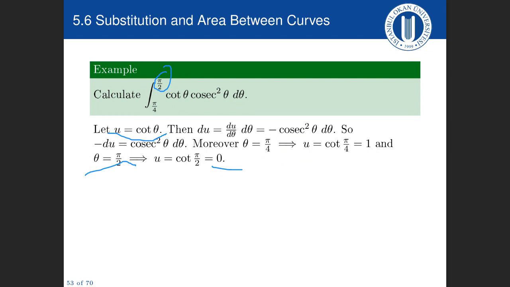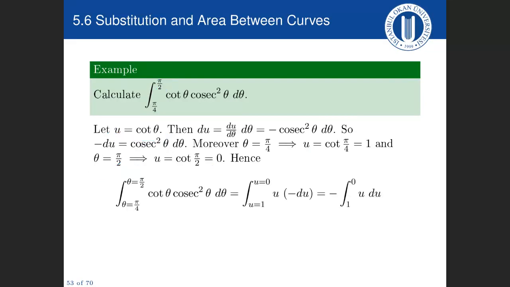We've done all the preparation. Now we can do the integral. So what are we doing? So cotan theta becomes just u. Cosec squared theta d theta becomes minus du.